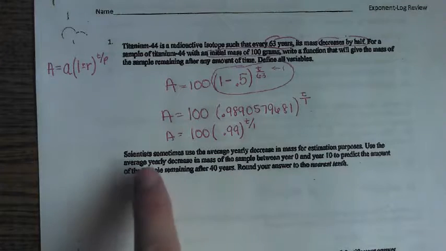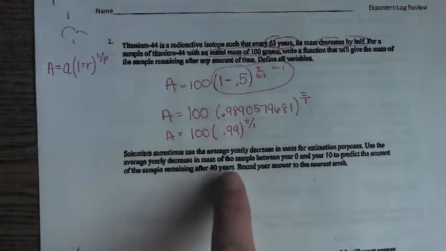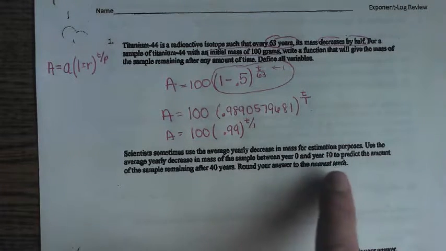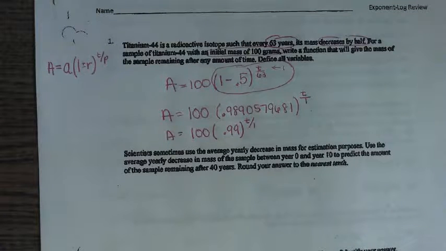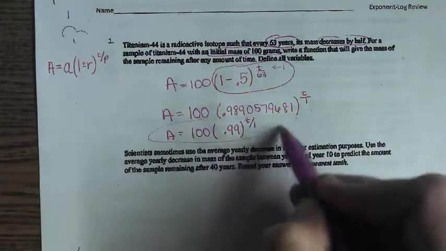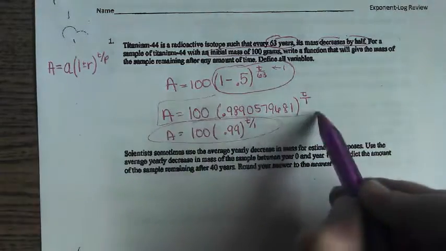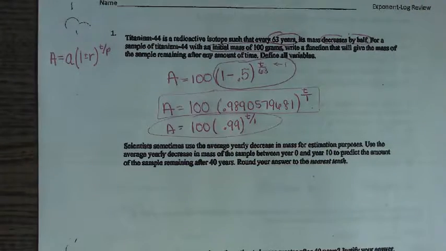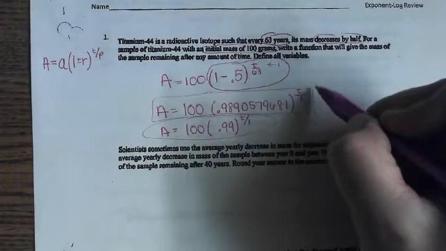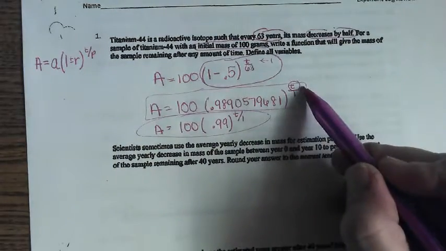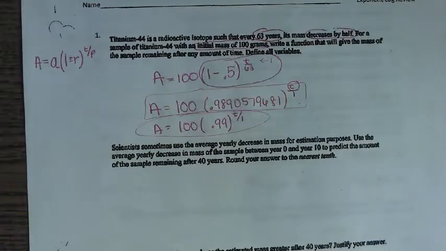So they want us to use that one for estimation purposes. Use the average yearly decrease in mass of the sample between year 0 and year 10 to predict the amount of sample remaining after 40 years. So we're going to use this estimation to see what's left after 40 years. We're just going to plug in a duration of time of 40 years and see what the final amount is.